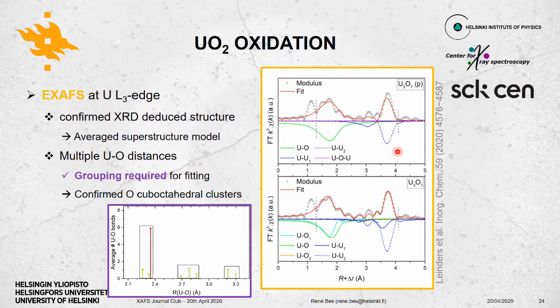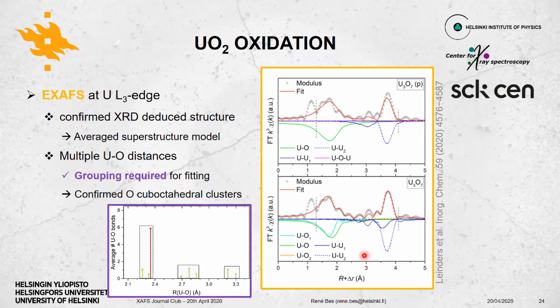By using U3O7 based on a very big cell, an average superstructure of the UO2 structure, it was possible to obtain a good fit. Of course, it has been difficult because there are multiple uranium oxygen distances.